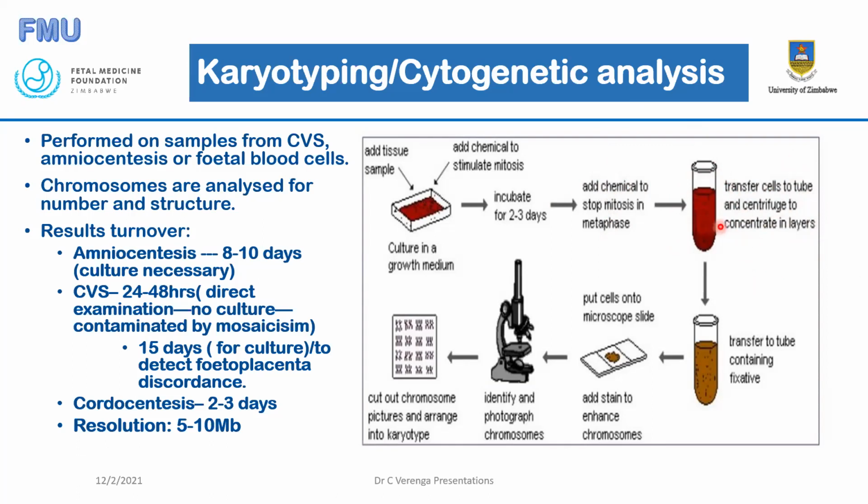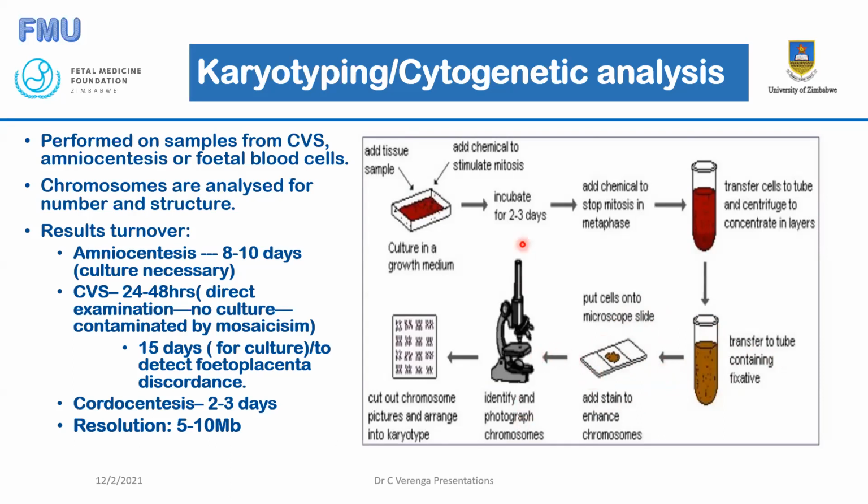Then the concentrated layer is transferred to a tube which contains a fixative. Then before the cells are put under the microscope, they also add a hypotonic solution so that the cells can swell, so that the chromosomes come out of the cells.